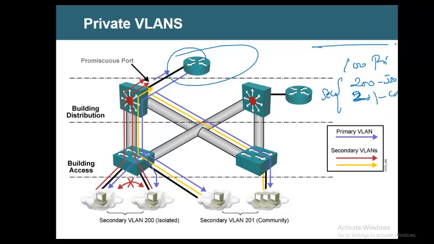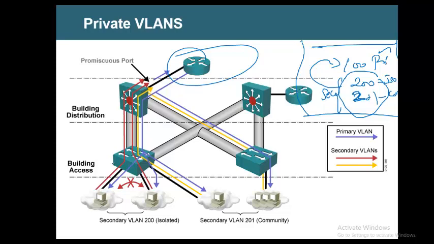Whatever I have written here, you need to put into commands. We need to associate 200 and 201 to the primary, and the primary needs to be the VLAN on the promiscuous port. That membership needs to be done.